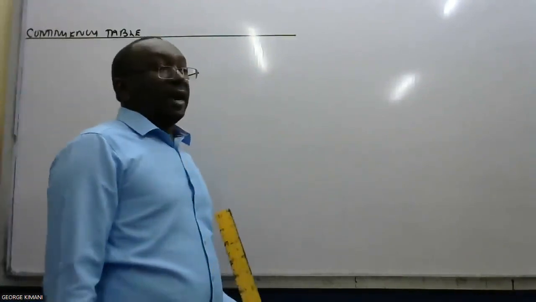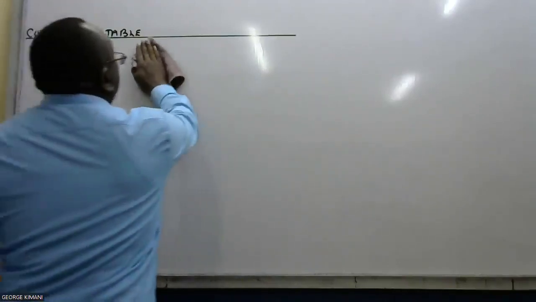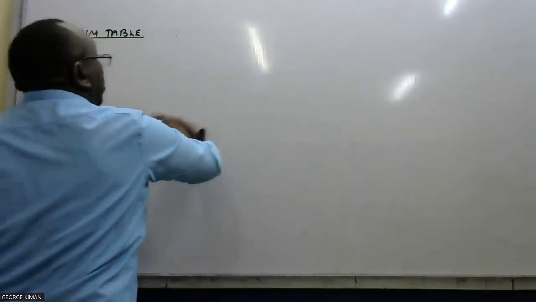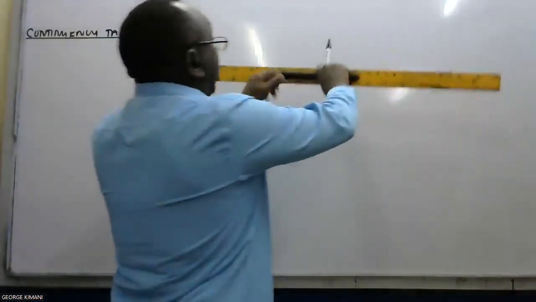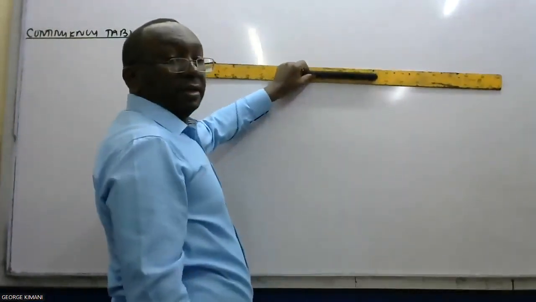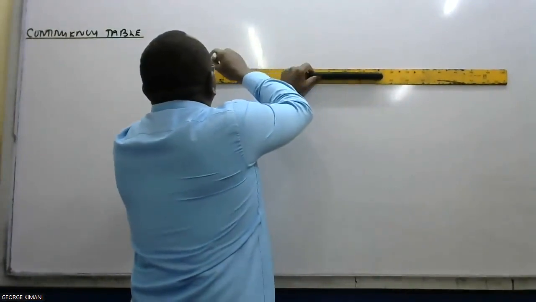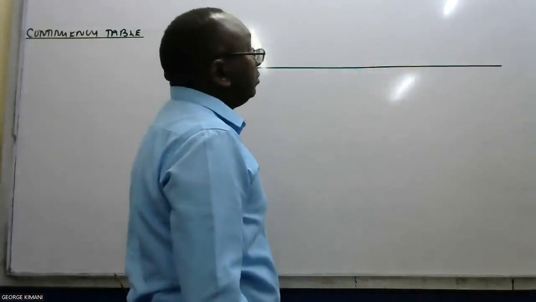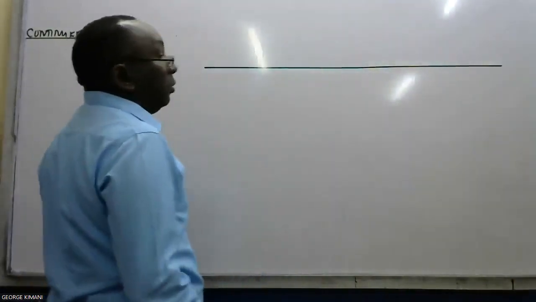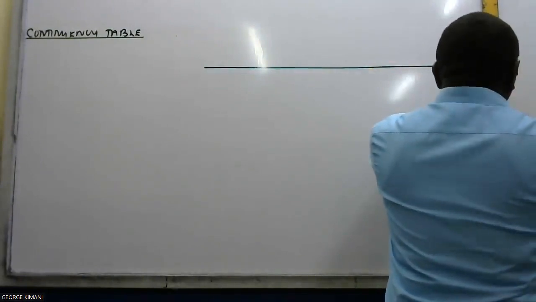Now, when you read a question like that, the very first thing is to know how you can classify the question into two experiments, so that you are able to draw it in the form of a table. In this case, we have two issues at hand. What do you think they are?